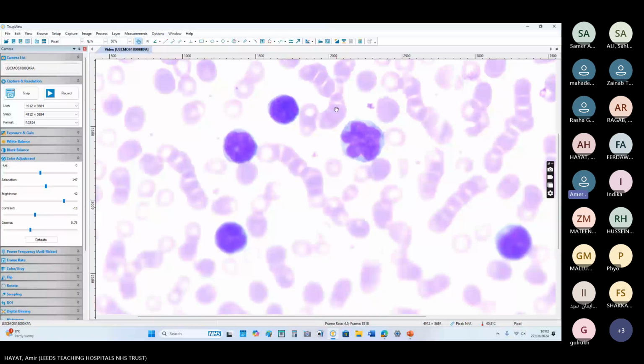There are only few cells which are like this, but the rest of the cells are quite mature. Their nuclear material is very mature. You only say likely lymphoproliferative disorder. We need flow cytometry for this patient to confirm the diagnosis, because this patient's white cell count is almost 70. A lot of them are mature.